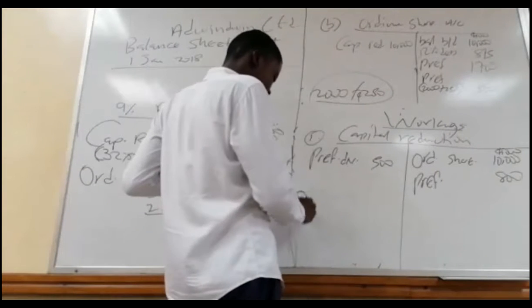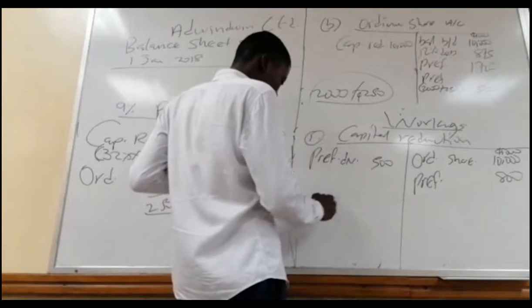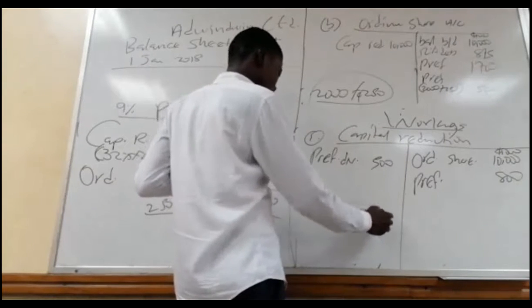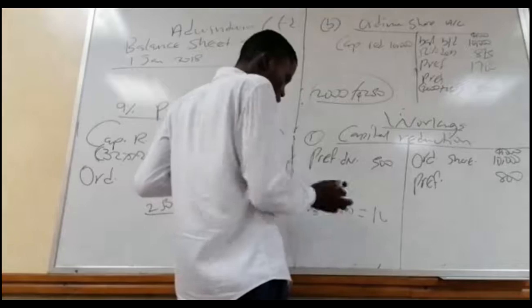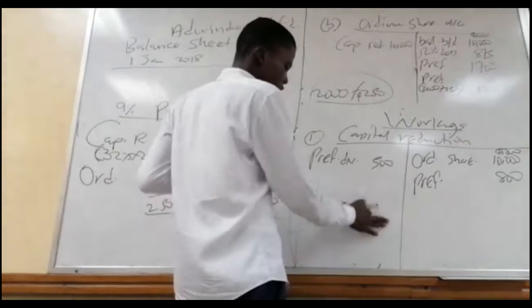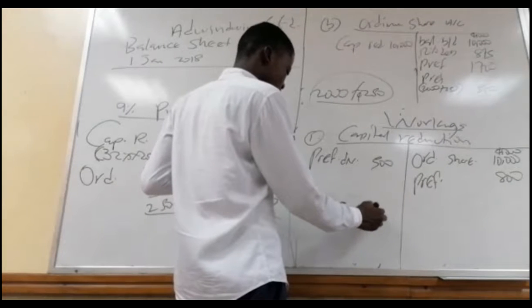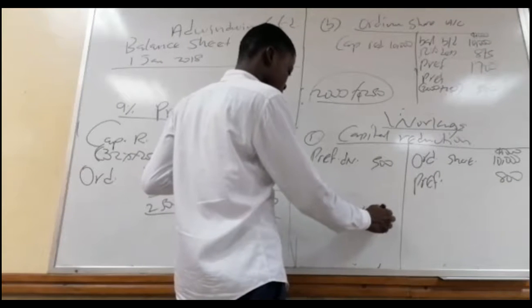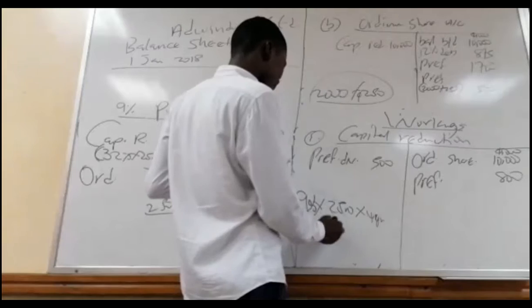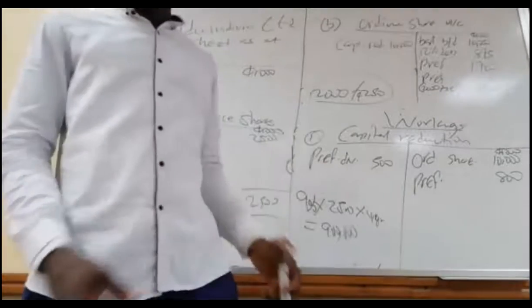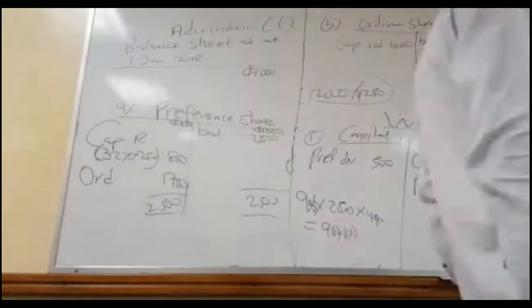So it will be 9% times the value, which is 2,500. That will give us 225 times 4 years, because it is 4 years in arrears. This will give us 900,000. So the dividend in arrears is 900,000 for 4 years.